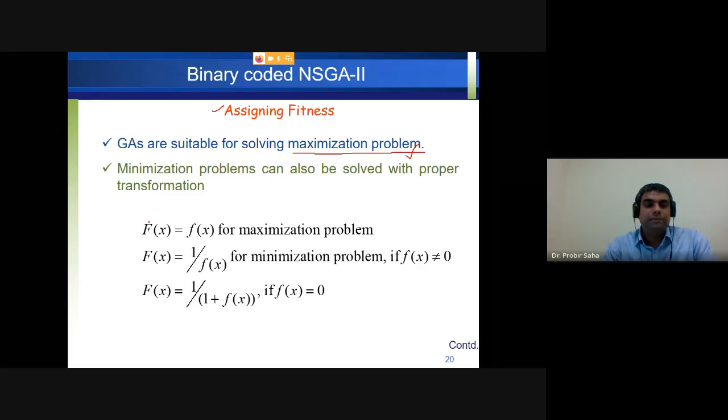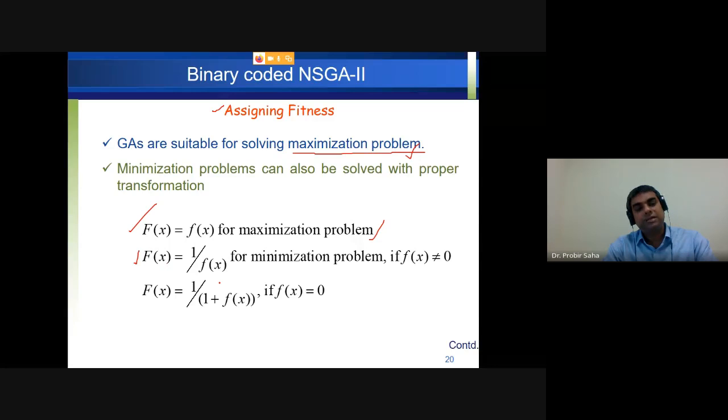How? So for example, f(x) is f(x). For maximization problems, there is no issue. But suppose you want to go for a minimization problem, so what you have to do is convert the function into 1 by f(x). Now, if you increase f(x), you are actually decreasing capital F(x).